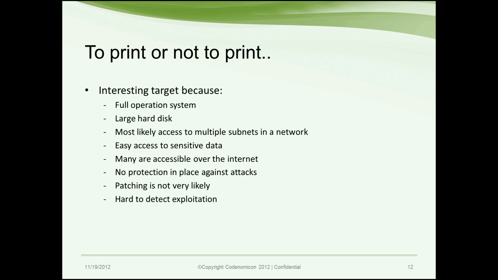Printers are of course accessible, I wouldn't say from all the corners of the internet, but from a lot of places in the network, because it's a shared device. So what you will typically see is misconfigurations in, for example, VLANs which are made in the network.